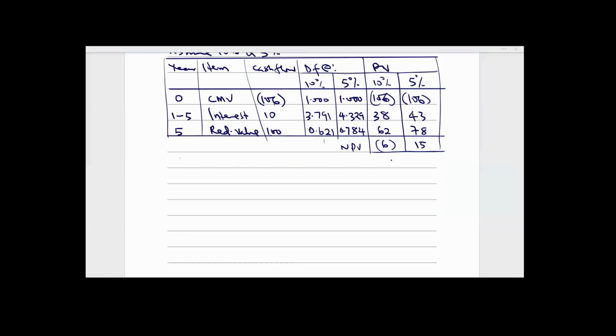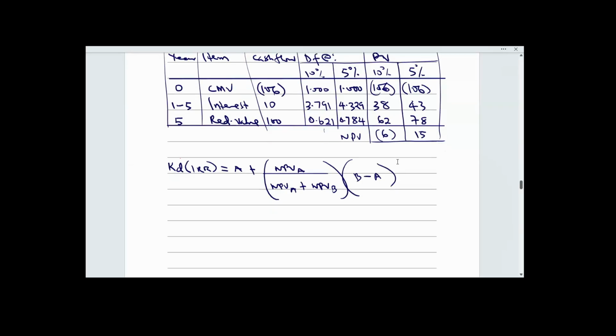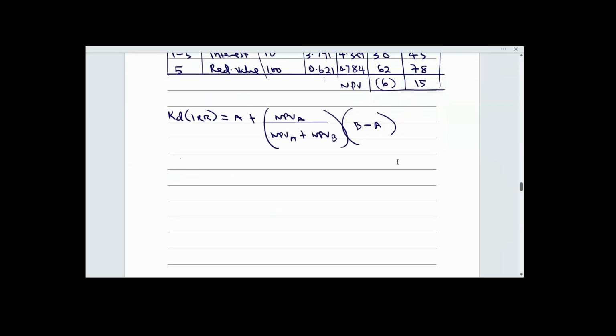KD, or internal rate of return, is calculated as the lower discount rate plus the NPV of the lower discount rate divided by the NPV of the lower discount rate plus the NPV of the higher discount rate, all multiplied by the higher discount rate minus the lower discount rate.